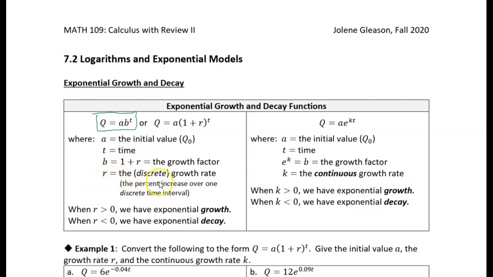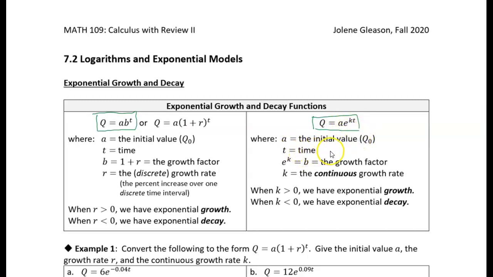All right, so the other model that you probably learned about is this model where e is Euler's constant, so it's a fixed value. Again, A is the initial value, because if you put 0 in for t, then you get Q is equal to A, because e to the 0 is 1, so you just get A times 1.